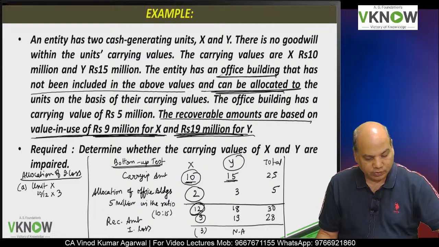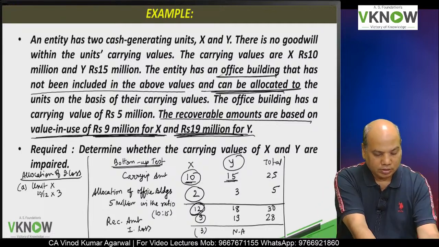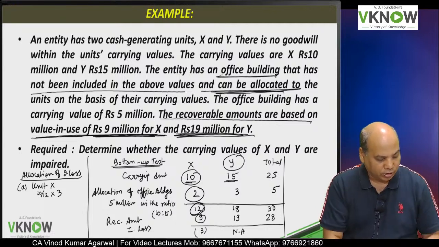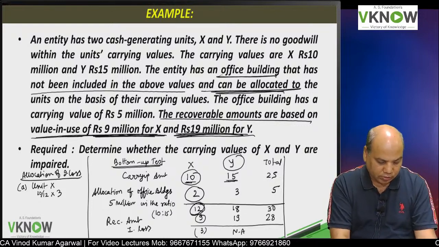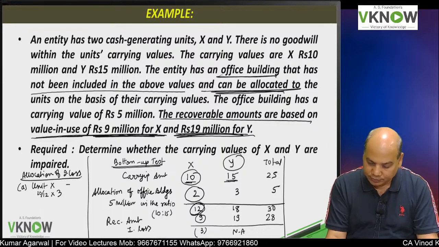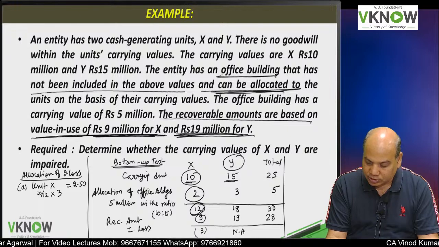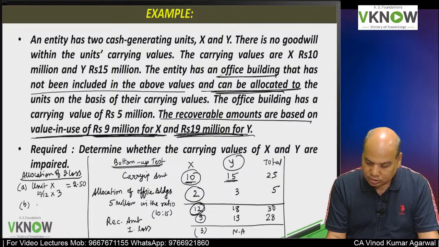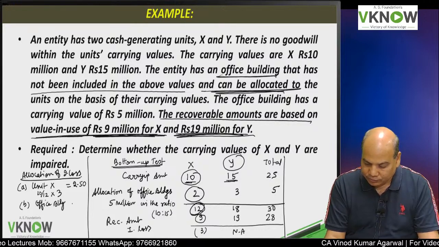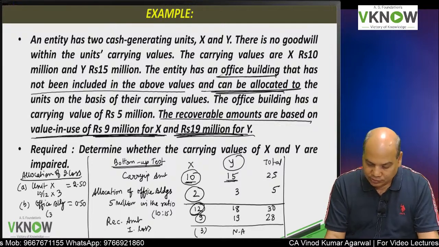Can you please reply? 10 divided by 12 into 3 is how much? It is 2.5. So unit X will take an impairment hit of 2.5, and the office building will be the 0.50 balance, that is 3 minus 2.50.